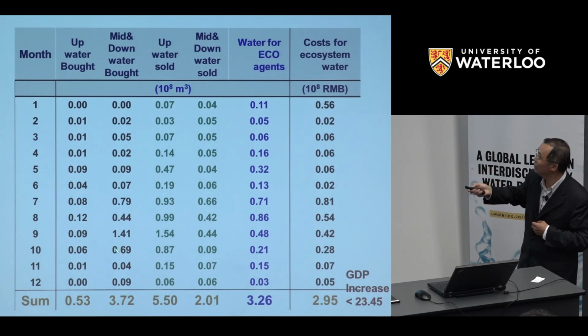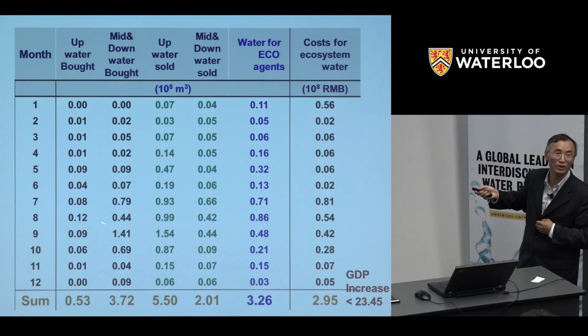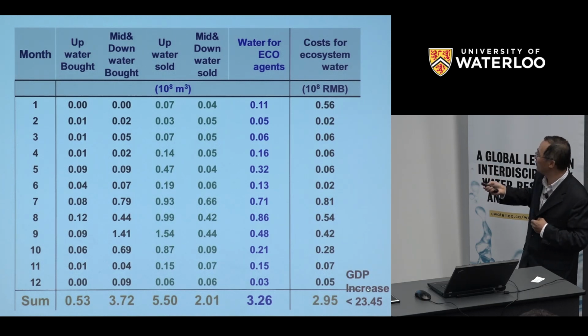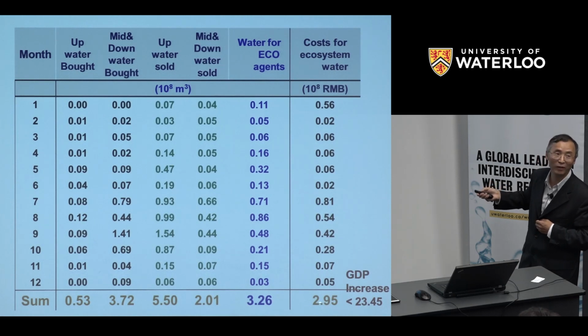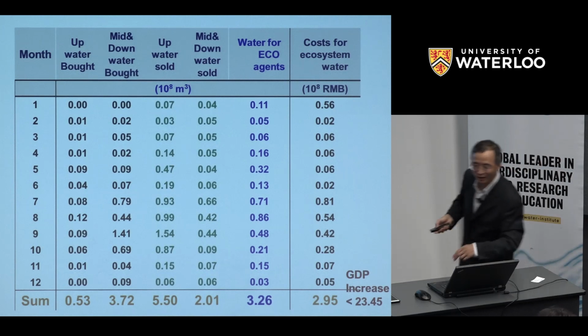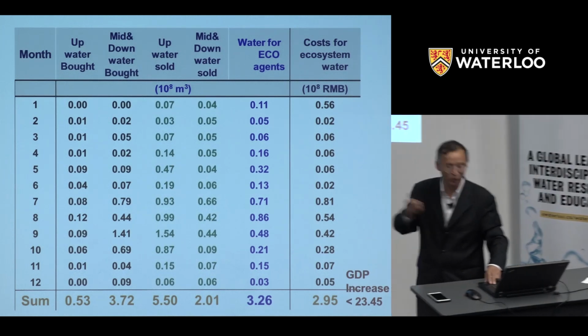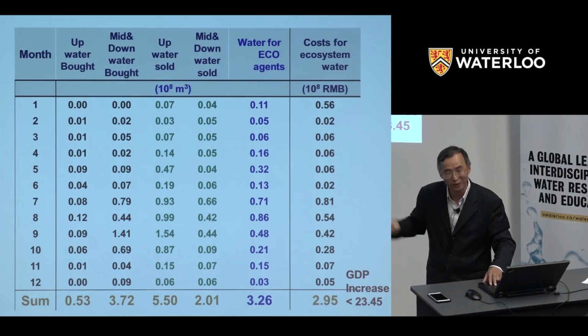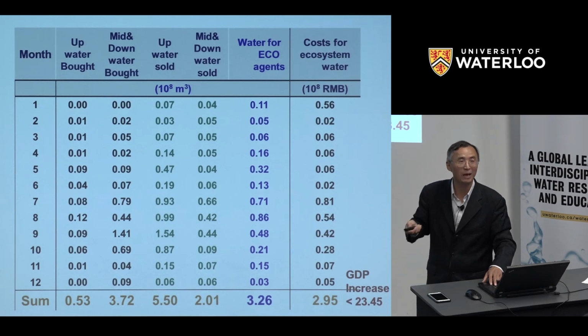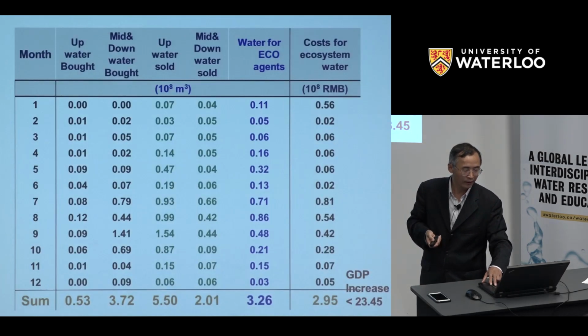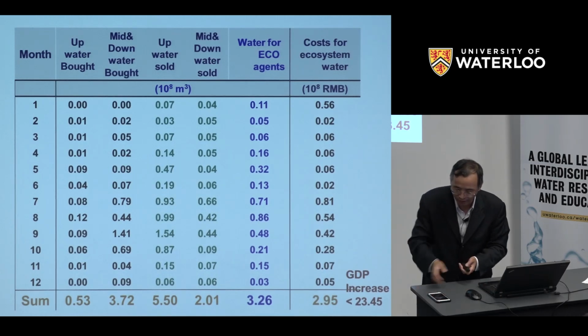We accounted the GDP for the agriculture and industry water users, and found that with this price incentive, the GDP increase could be much higher than the cost for ecosystems. That provides a comment for the government: if we use this economic incentive, we might be able to get some money to pay the ecosystems.